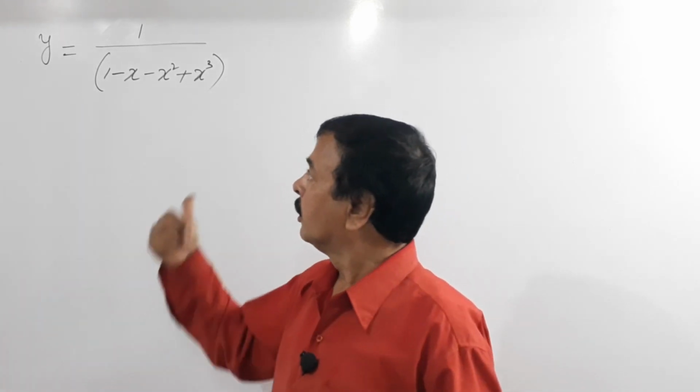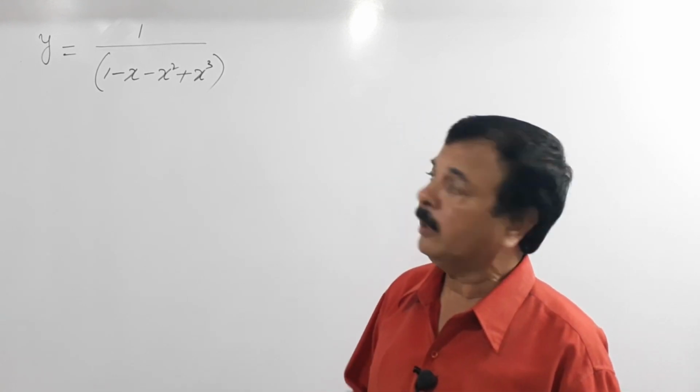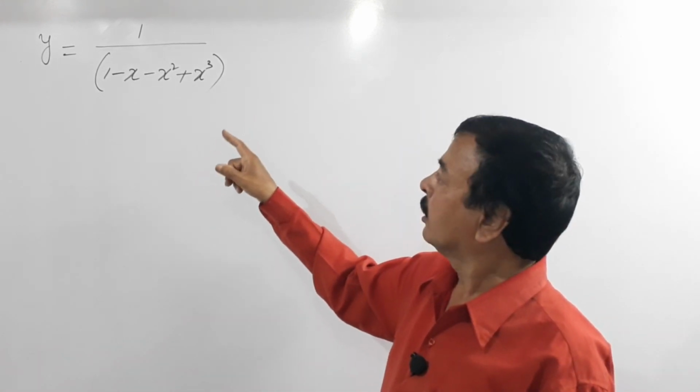So dear students, we have a problem y equals 1 by 1 minus x square plus x cube.